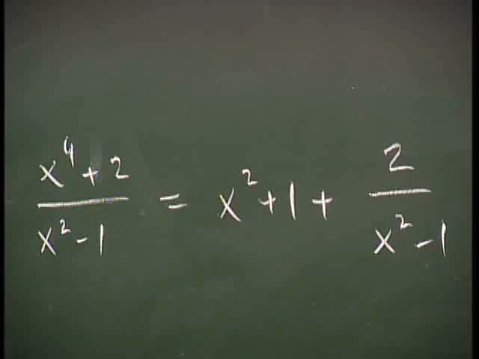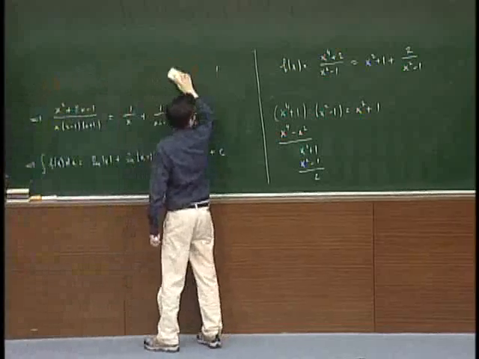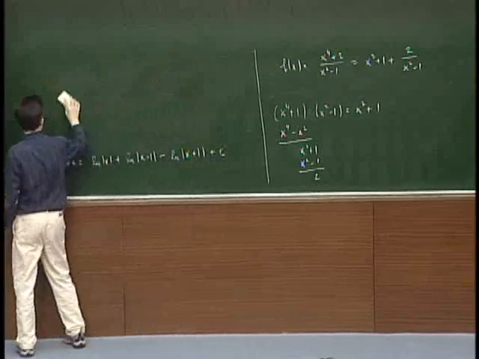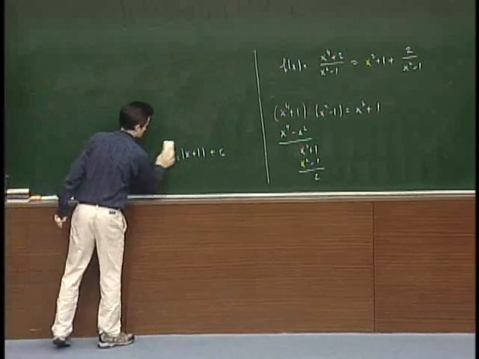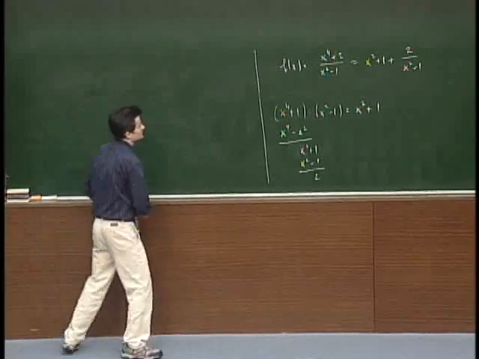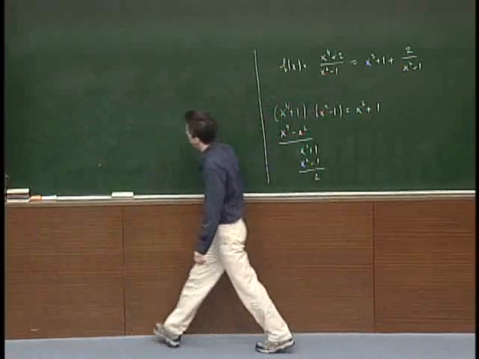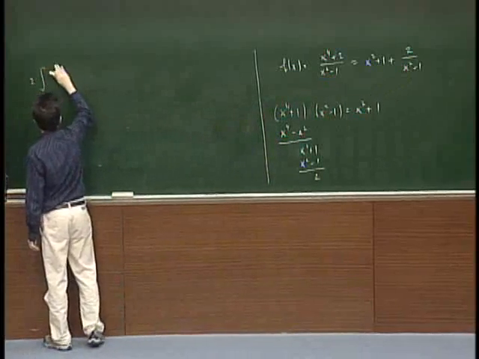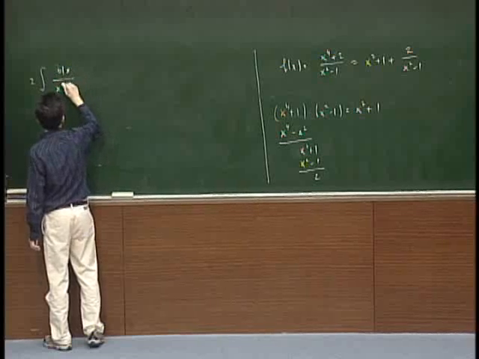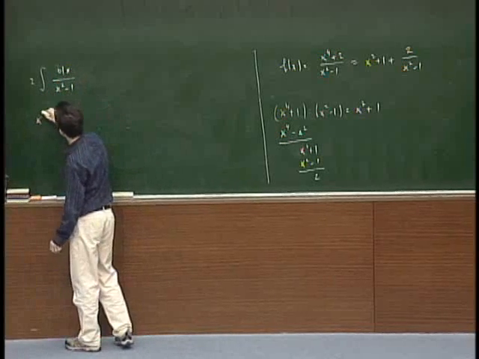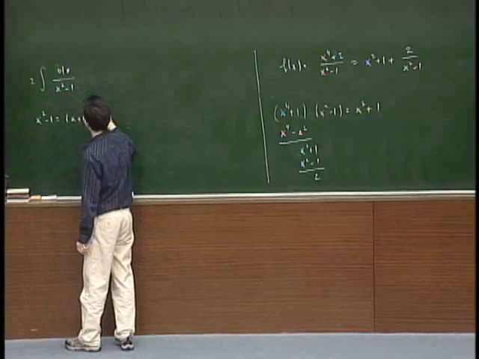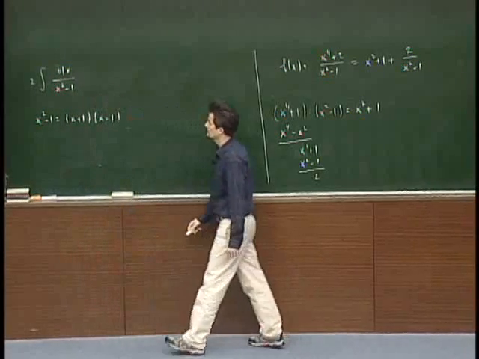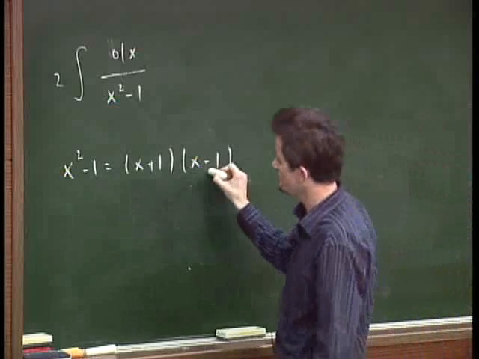Okay, so the rest is the same, okay? But actually, if you have something like this here, you can set up the problem like I have done here. So if you have to integrate this here, you can observe that x squared minus 1 is again a product of two different linear polynomials.